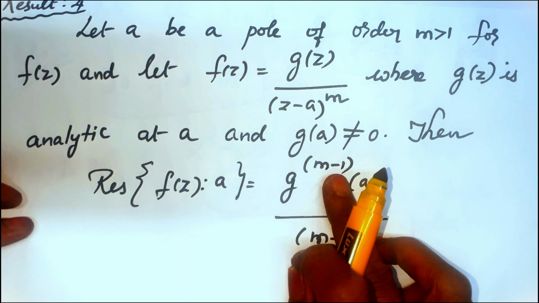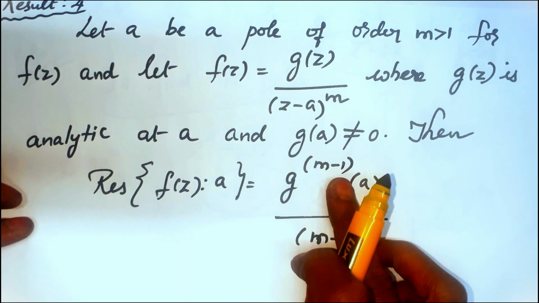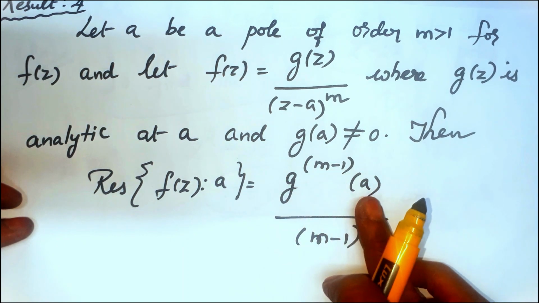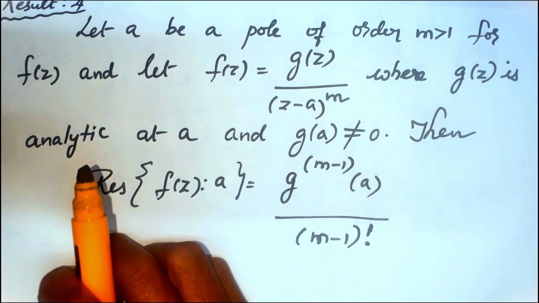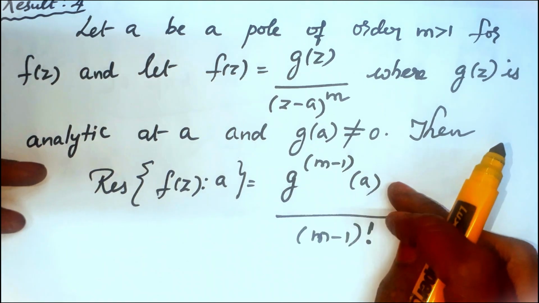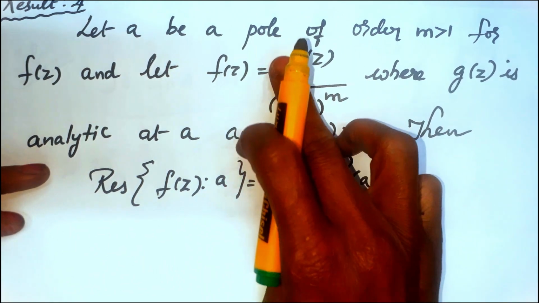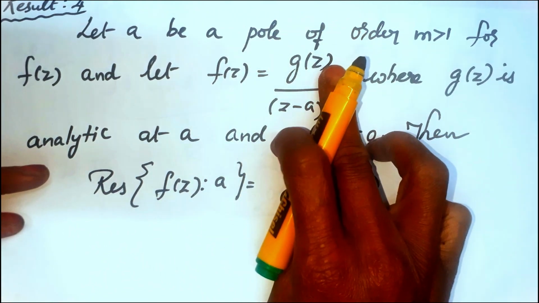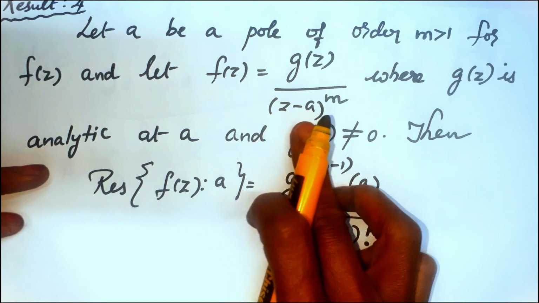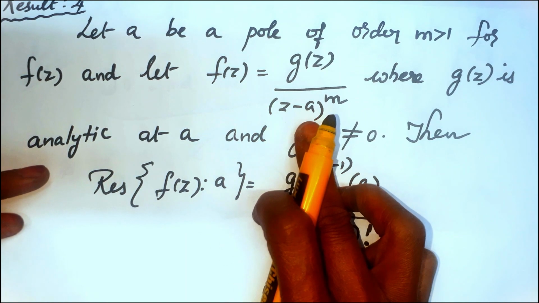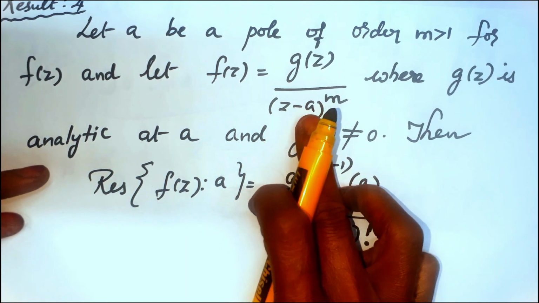That means first we have to calculate the (m minus 1)th derivative, then substitute a, that is the pole. In this case, g of z will be in the numerator, and the respective pole for which we calculate the residue will come in the denominator.